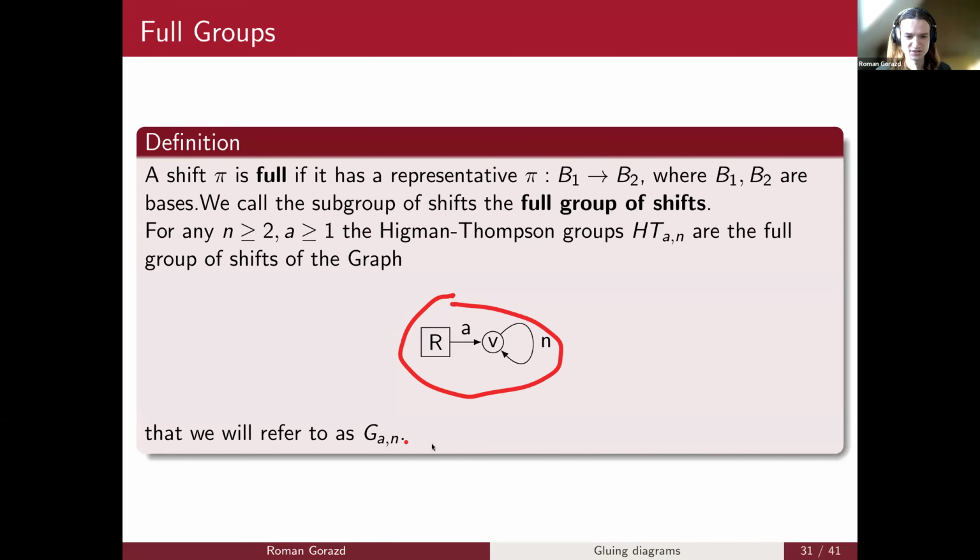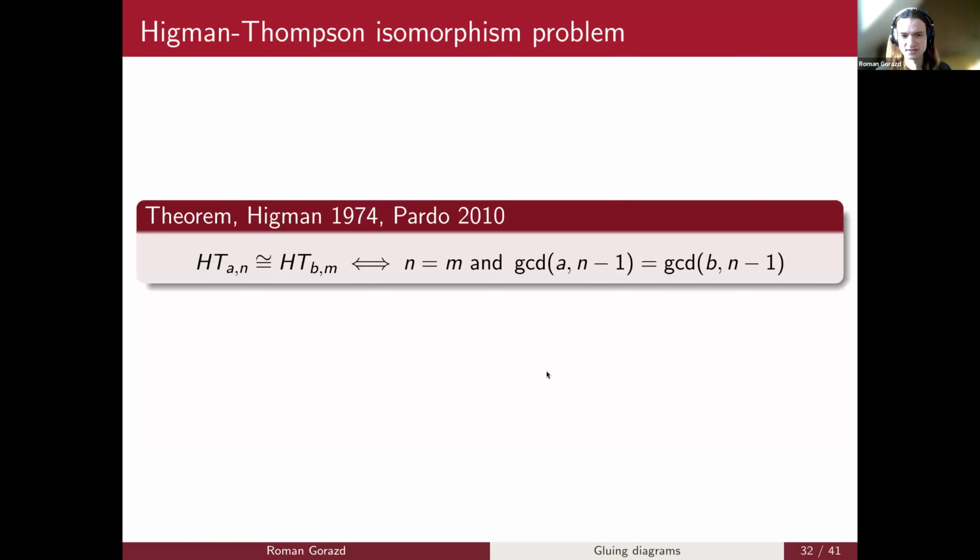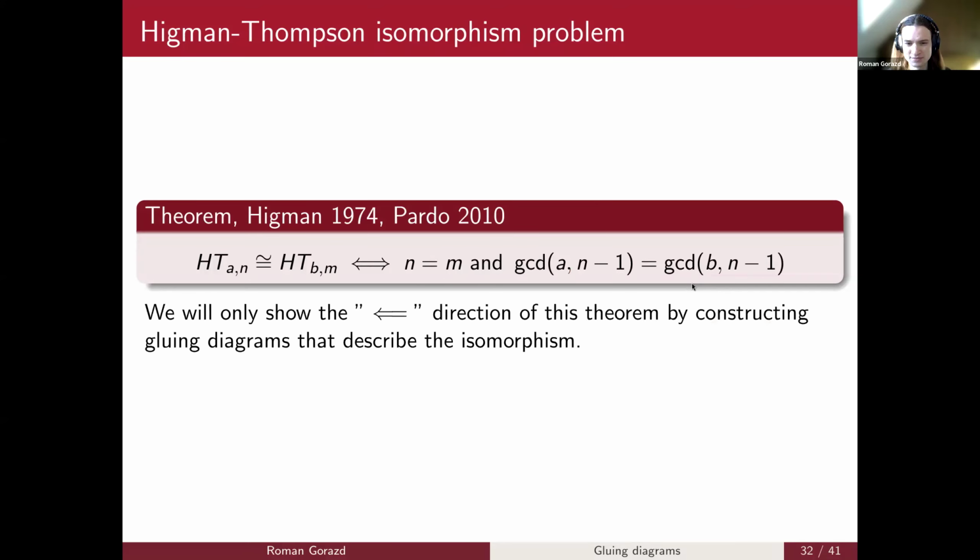The graph will be referred to as G_{A,N}, as we have A and N. And our mission is, if we have N equal to M, and the GCDs of A and B being equal, then we want to define an isomorphism, and we will describe it via a gluing diagram.